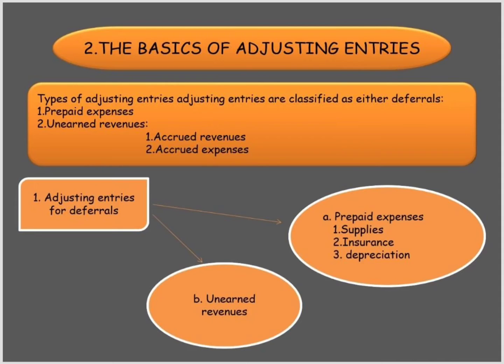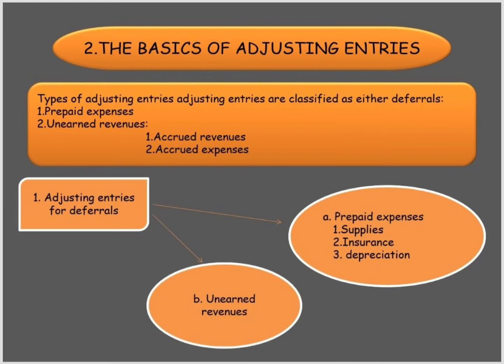Types of adjusting entries. Adjusting entries are classified as either deferrals or accruals. Deferrals: 1. Prepaid expenses. Expenses paid in cash and recorded as assets before they are used or consumed. 2. Unearned revenues.